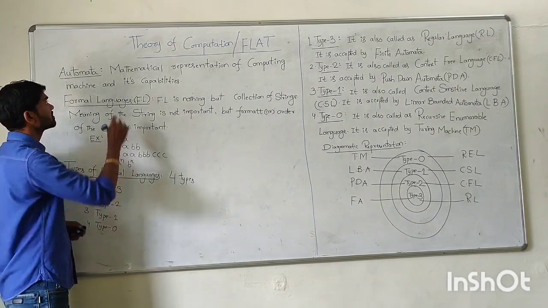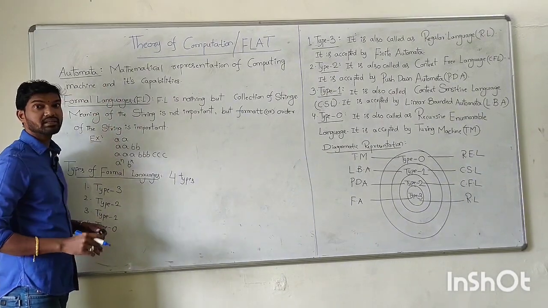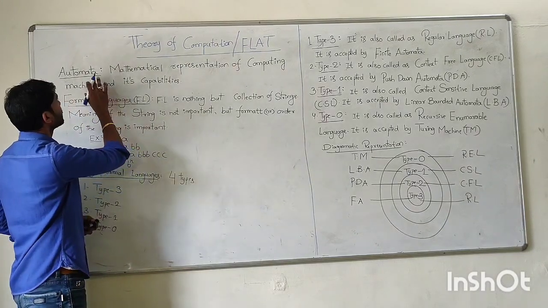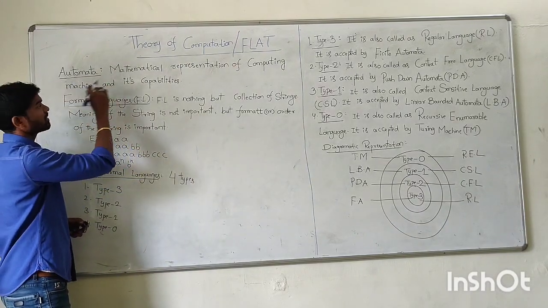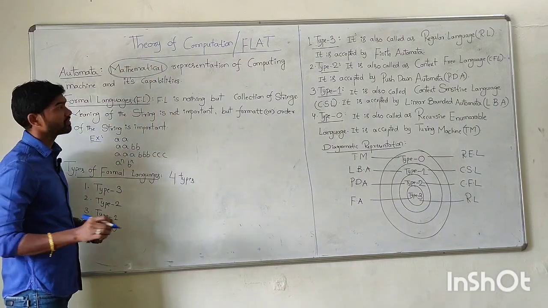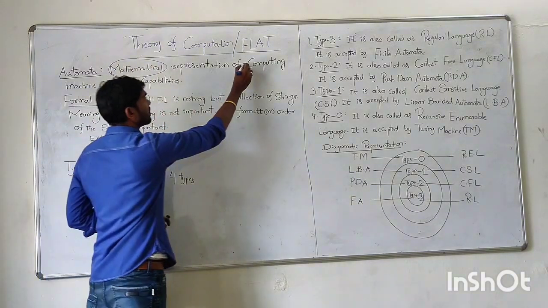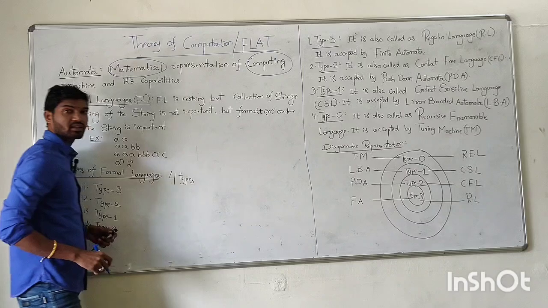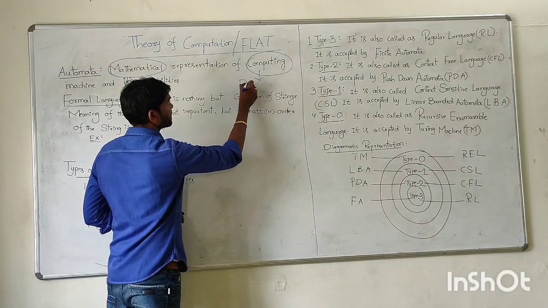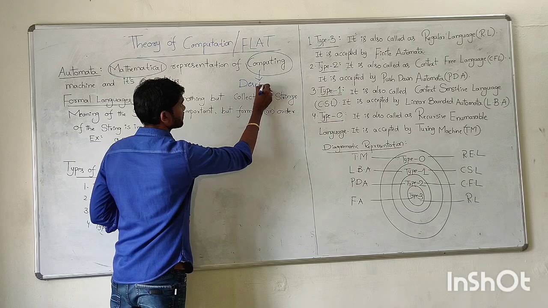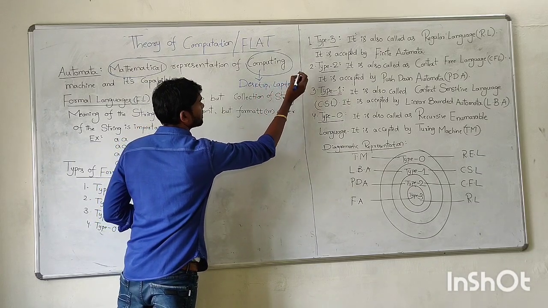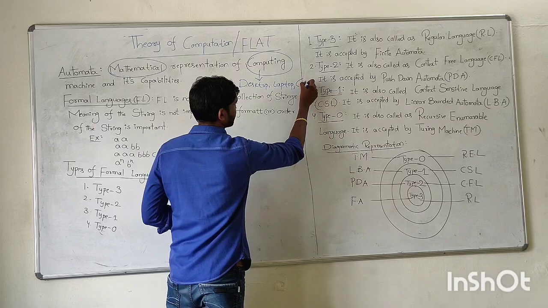What is an automata? Automata is simply a machine. It represents the mathematical representation of computing devices. Computing devices are nothing but a desktop, or a laptop, or a calculator.